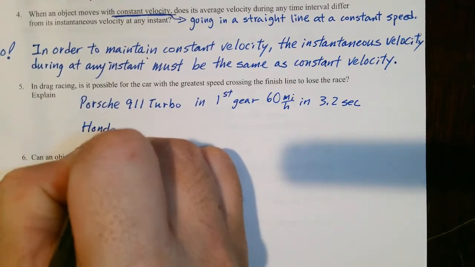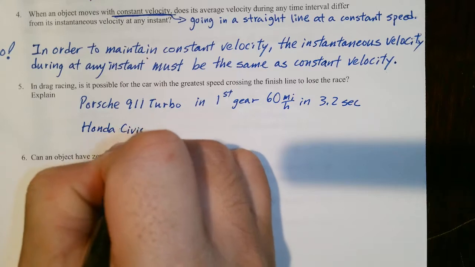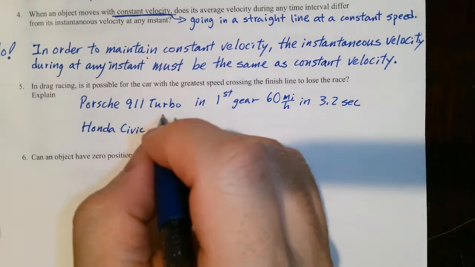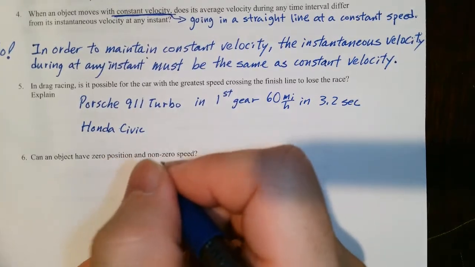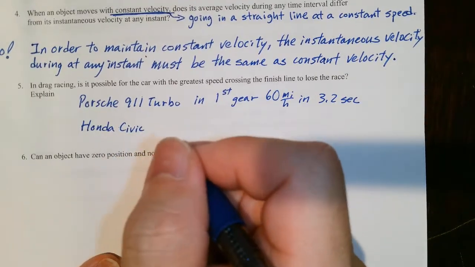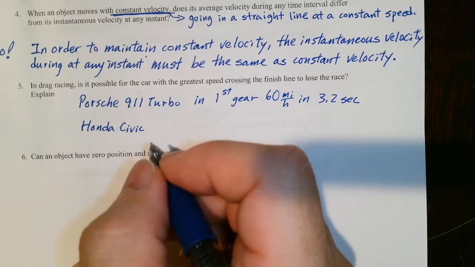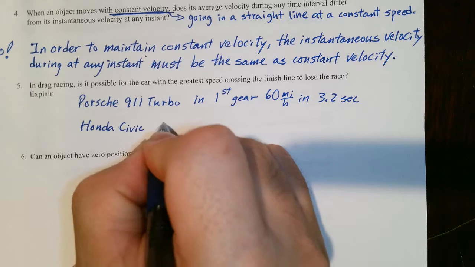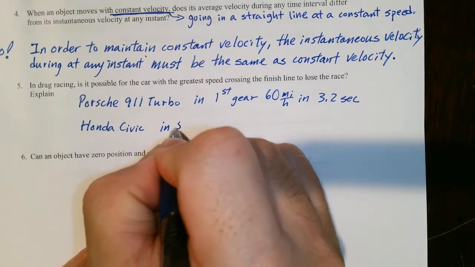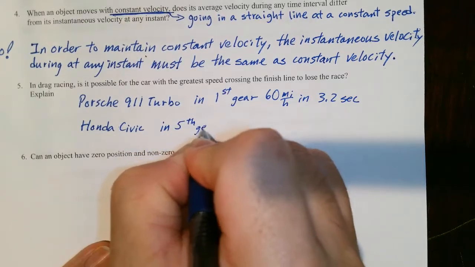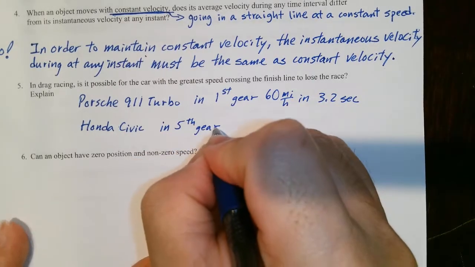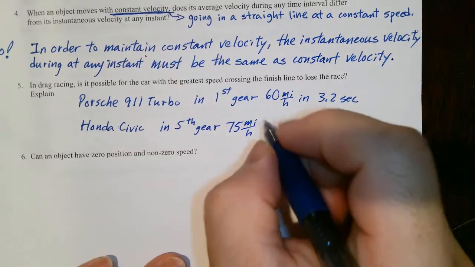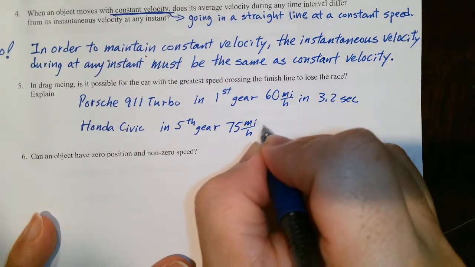He starts in first gear, moves through second, third, fourth, and fifth gear, and by the time he reaches fifth gear, he's traveling at 75 miles per hour, but it takes him 10 seconds, let's say.